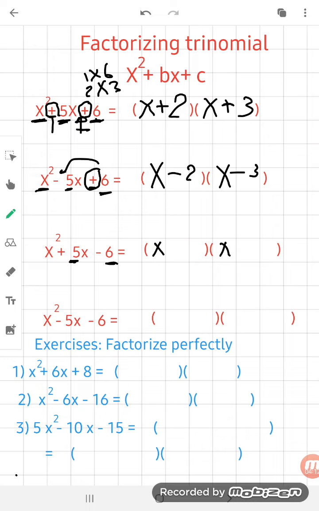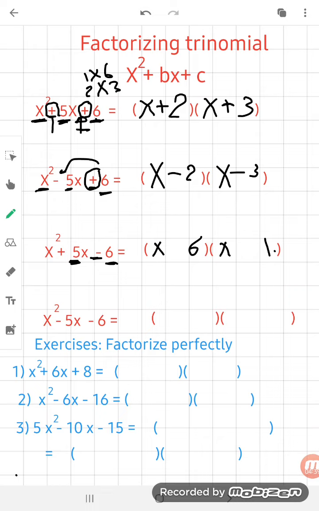Because the last sign is negative. So search for two numbers, their product is 6 and the difference between them is 5, the middle term. So here we write 6 multiply 1, because 6 minus 1 equals 5 as the middle term.